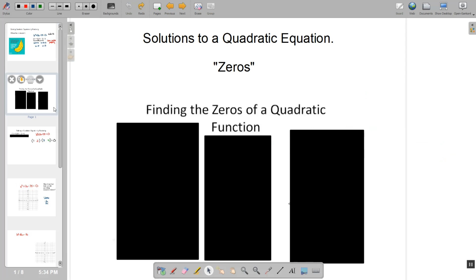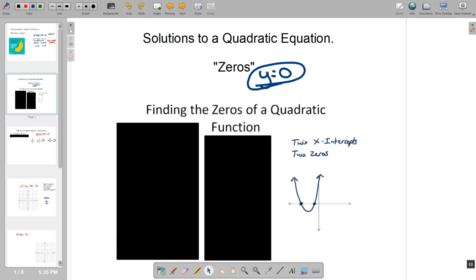So let's review solving quadratic equations. We were always graphing and trying to find the zeros of the graph, and the zeros meant where y equals 0. So where are the locations where y equals 0? If the graph crossed the axis twice, we had two zeros and therefore two solutions.